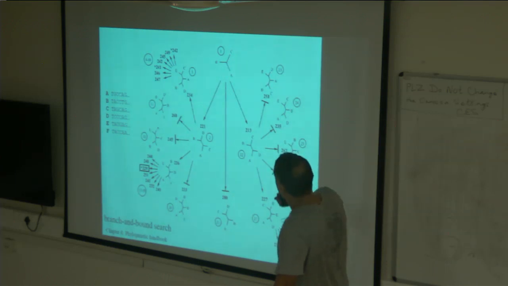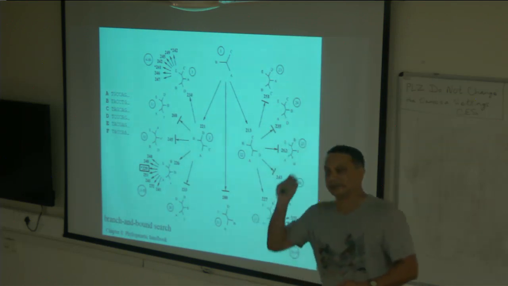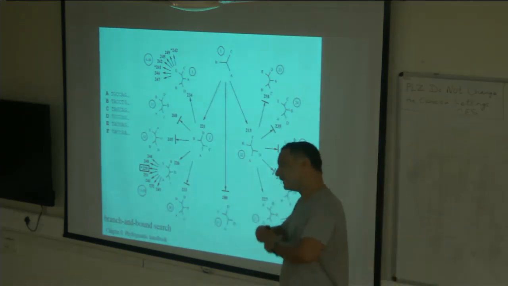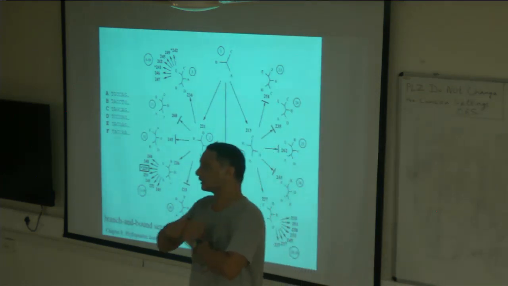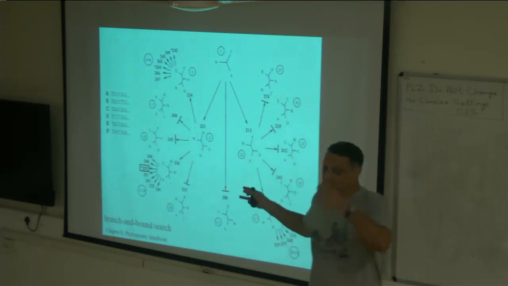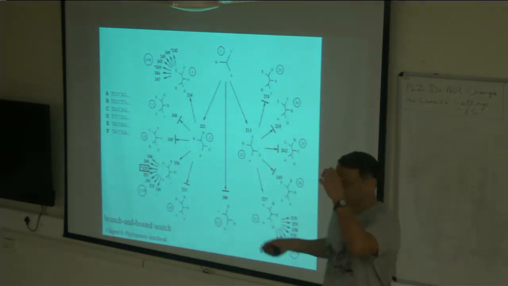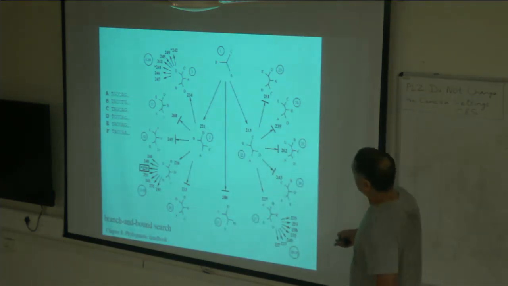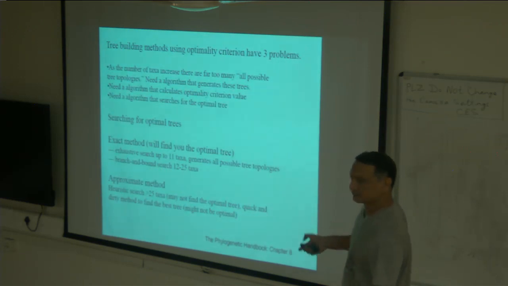Right? So similarly, it can actually eliminate certain paths and get to the optimal tree because it need not go down certain paths. Okay? So this is the branch and bound method. So that is what this does.